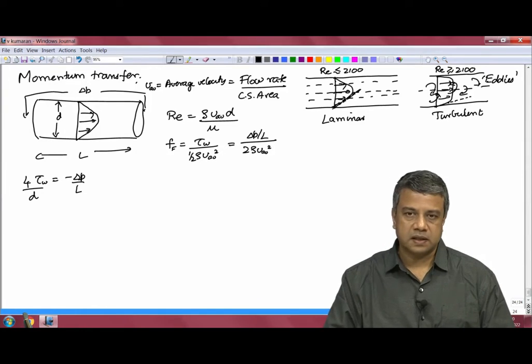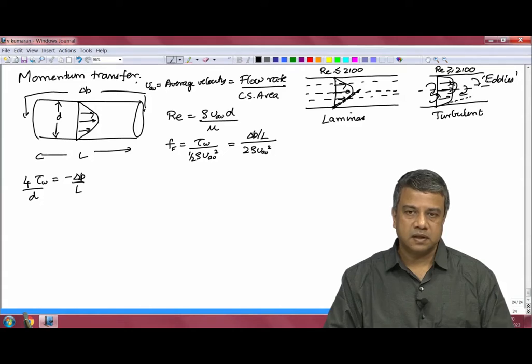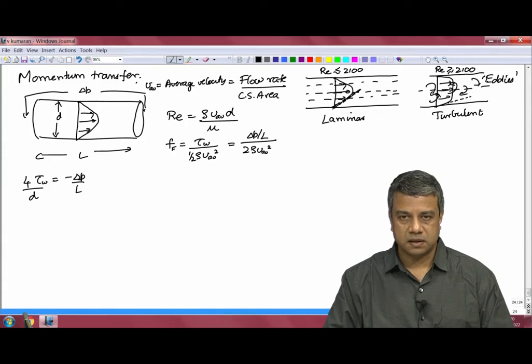Because of that, the transport coefficients in a turbulent flow typically are much larger than those in a laminar flow. The Nusselt number and the Sherwood number for a turbulent flow at the same flow rate would typically be much larger than those in a laminar flow.